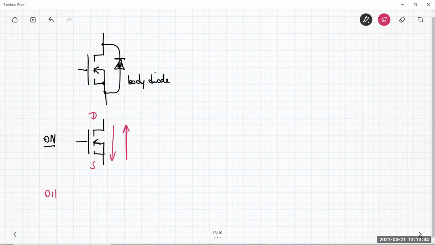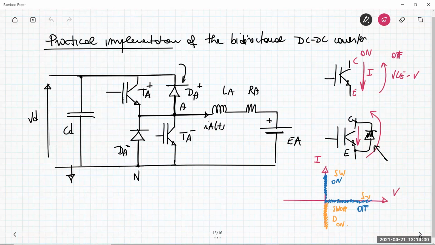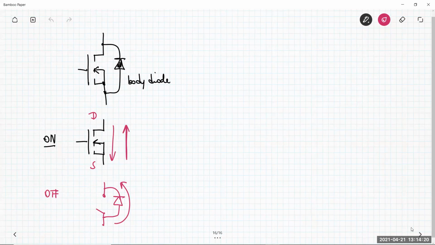When the MOSFET is off, the only way to have current flow is through the body diode. This does not happen for the IGBTs. When the IGBT is on, you can have only a current flow in this way. There is no possibility of current flowing from the emitter to the collector. In order to get this current here, you have to consider the presence of the diode. So pay attention to this difference.